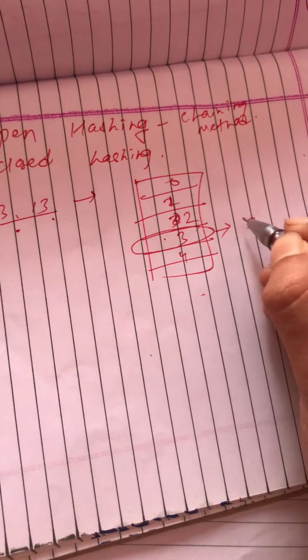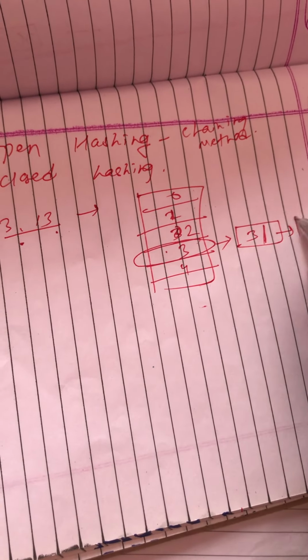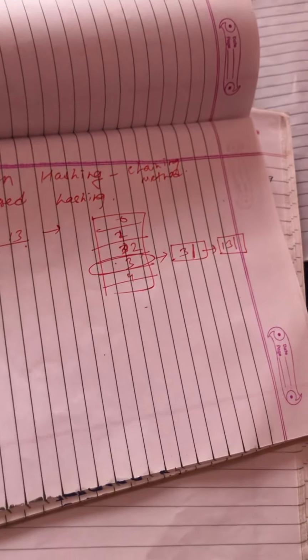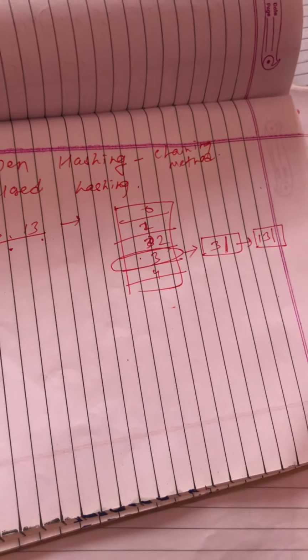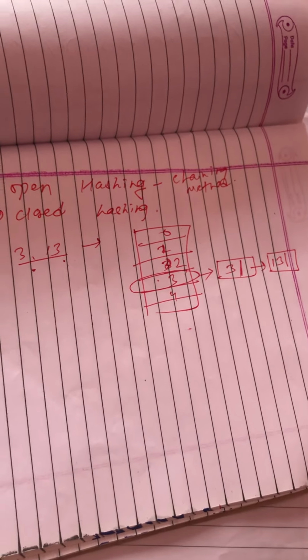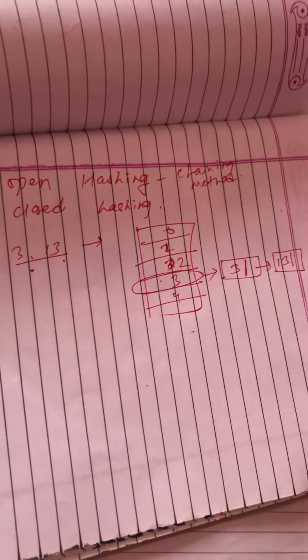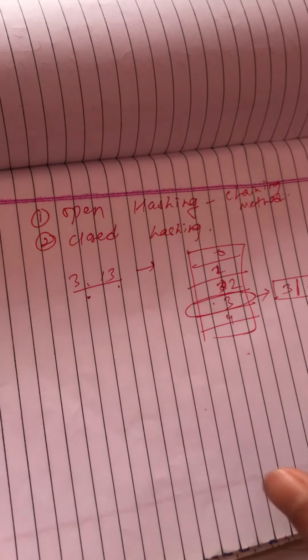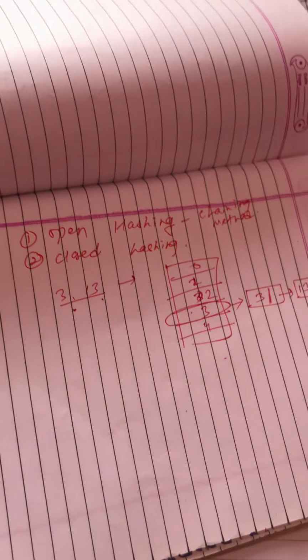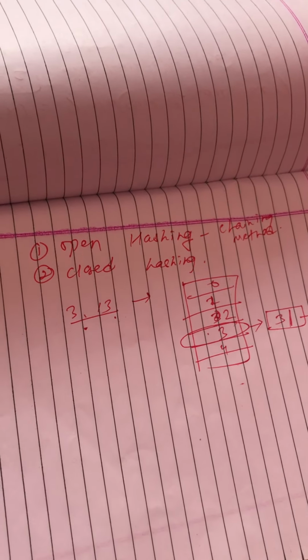Now we can store it like this: 3, 13. We make a linked list in this index to avoid the collision and chain them in an index. Chaining is a simple technique of open hashing.